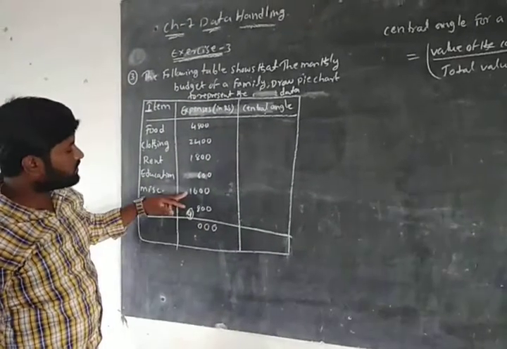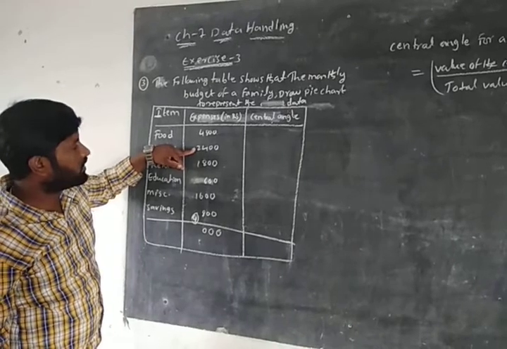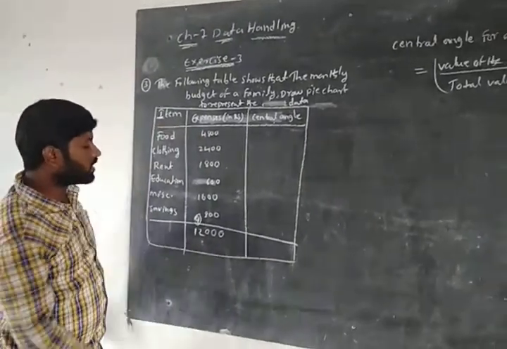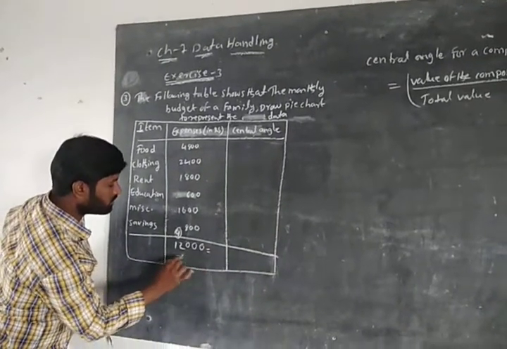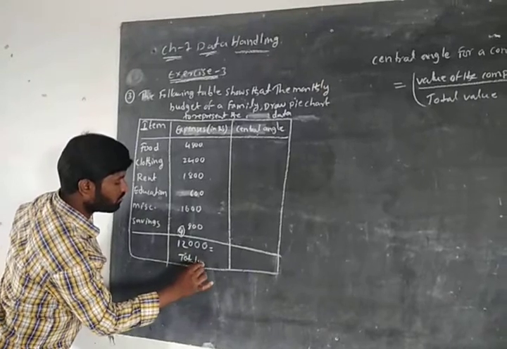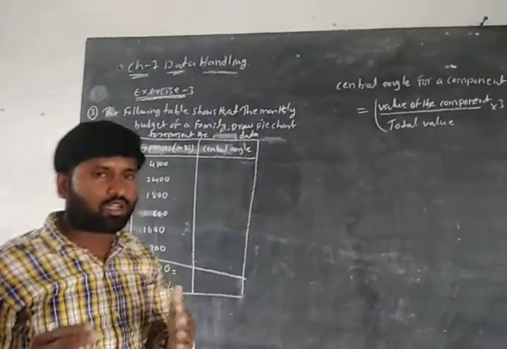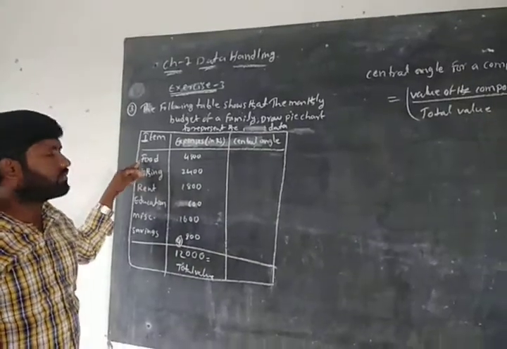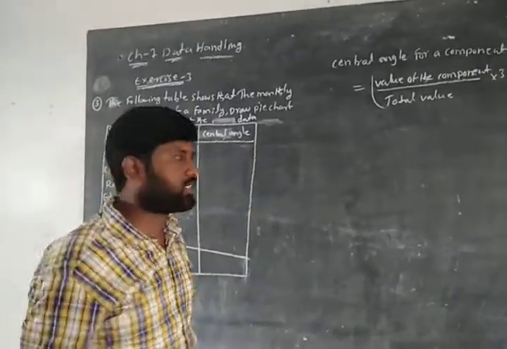Next 4 plus 1 is 5, 5 plus 1 is 6, 6 plus 2 is 8, 8 plus 4 is 12. So the total value is 12,000. Now I want the central angle for each item, to find out for drawing the pie chart.